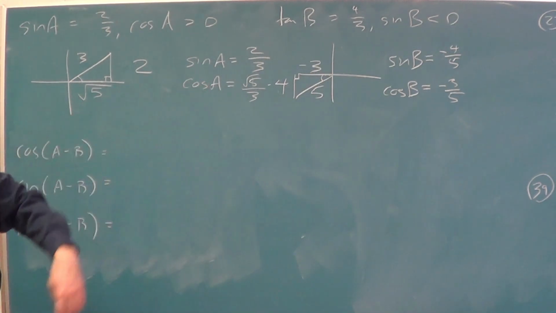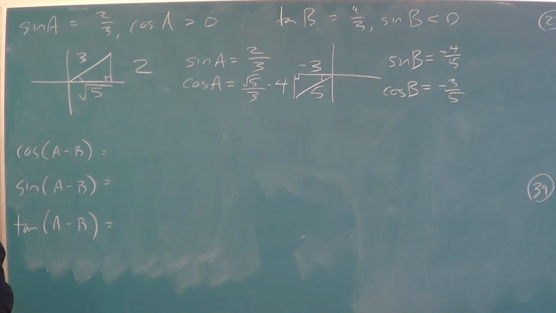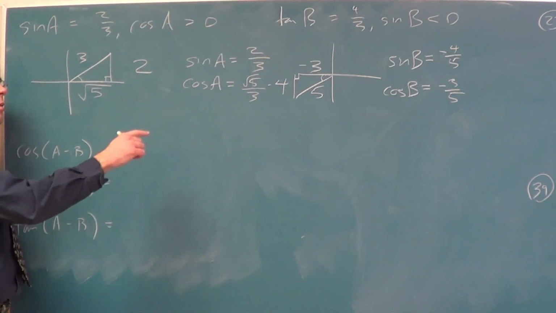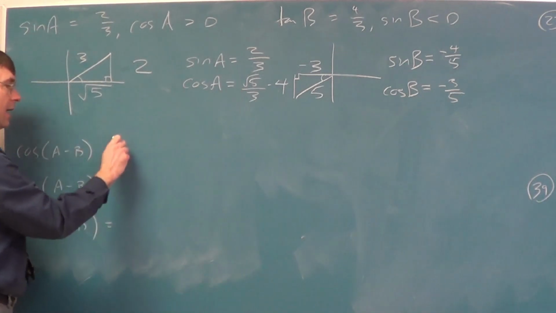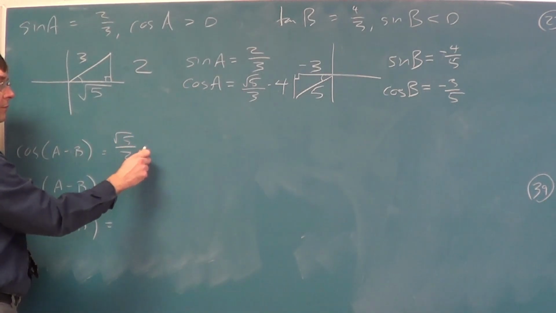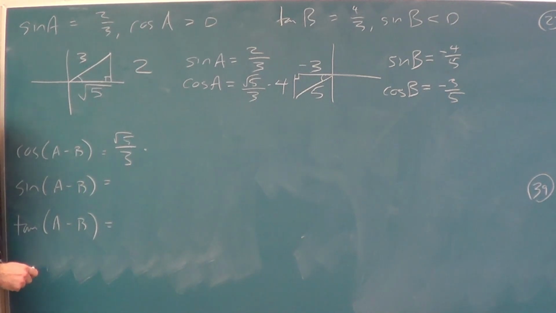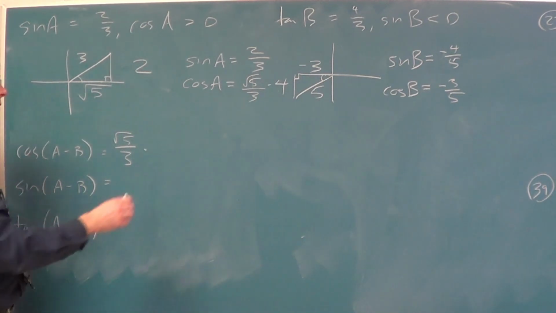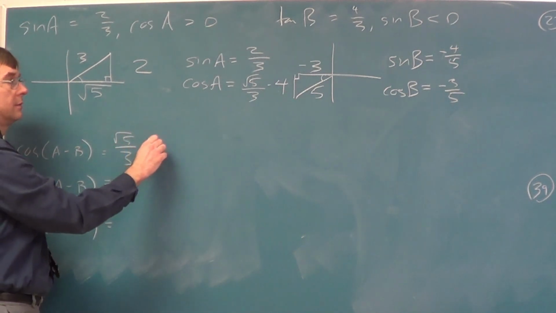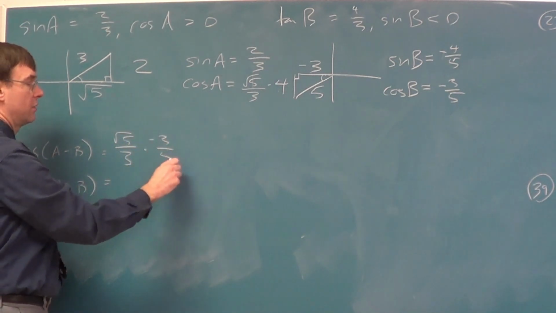The cosine A minus B property from number 1 over there starts off with cosine of A. For the duration of this problem's existence, cosine of A is root 5 over 3 times. We'll grab cosine of B, which is negative 3/5.